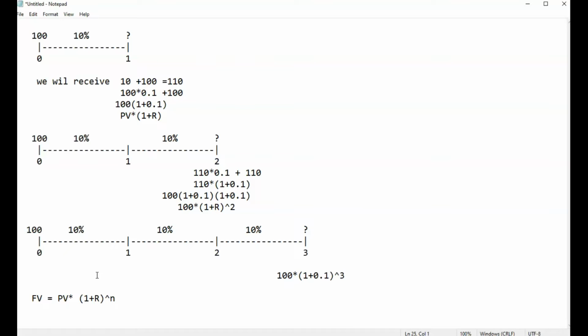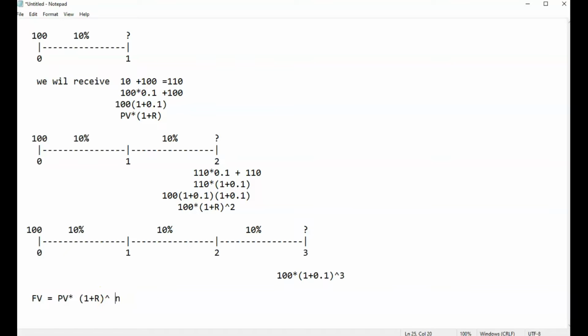If we generalize, the same logic applies for the 4th period, 5th period, until the nth period. Then we have the future value equals present value times (1 plus R) raised to the power of n.